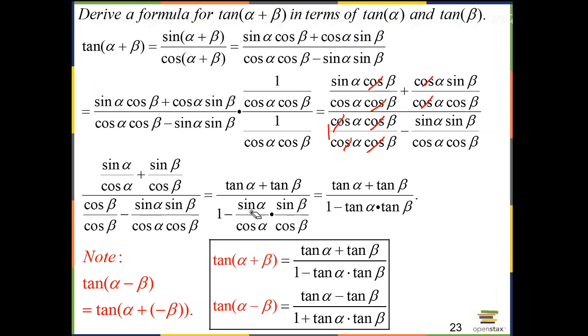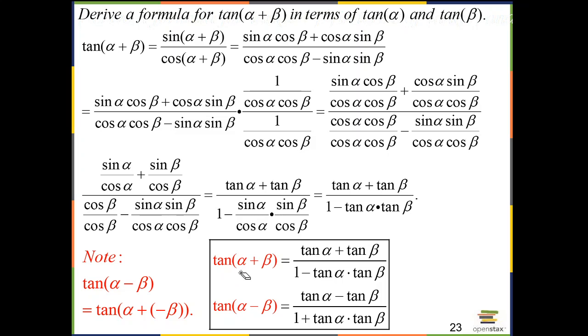So that's 1. Over here, nothing goes away, but we can separate it into two fractions, tangent alpha, tangent beta. And now we have a formula in terms of tangent alpha and tangent beta, as you see. So that's tangent alpha plus beta.